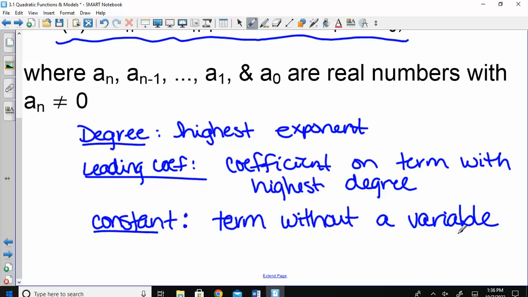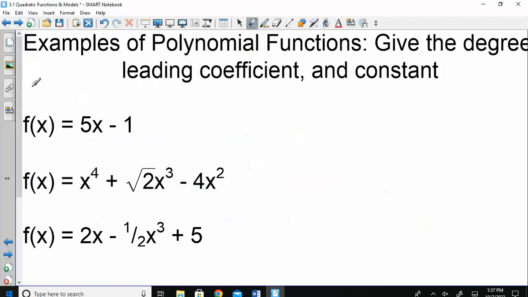So if I have x plus 3, 3 is the constant. So we're going to start by giving you a few polynomials and seeing if we can pick out these pieces within them. For each of them, let's give the degree, leading coefficient, and constant.